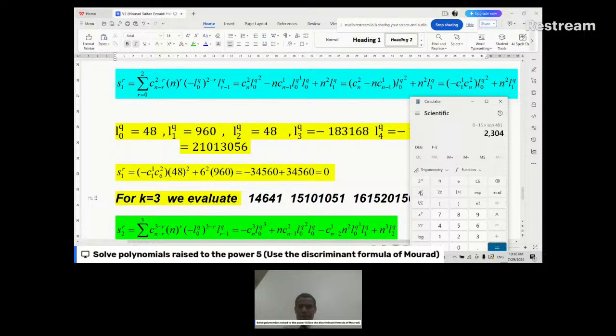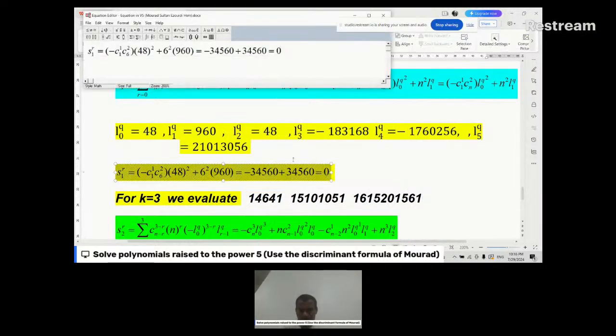Plus, we told negative 15 times 48 squared plus 6 times 960 plus 6 times 960. This one is equal to 48, 6, 960.